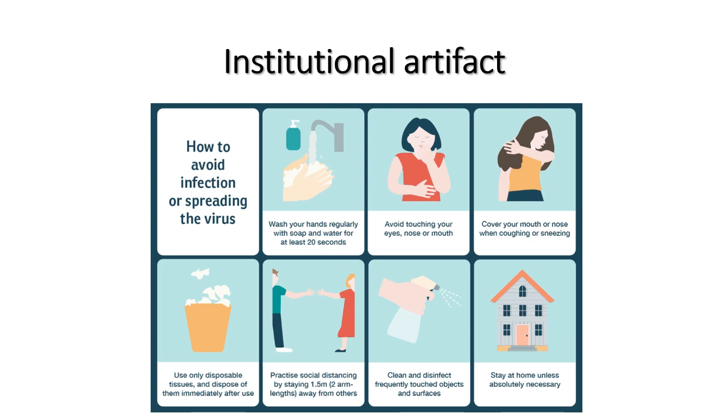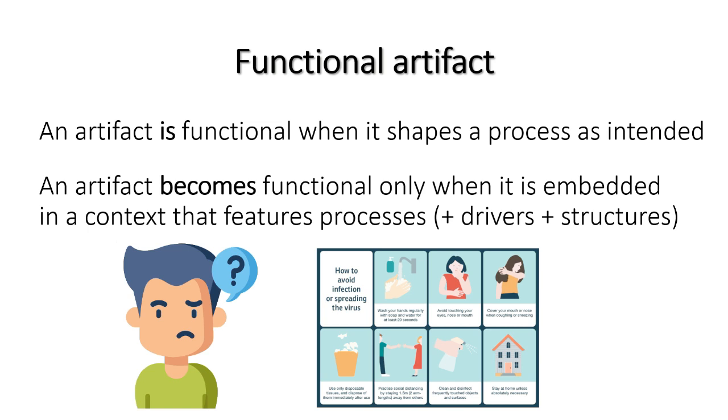But of course, also like the bridge, it assumes that there is a context that will make this institutional artifact function. If you don't speak English, if you cannot read, if you do not understand the icon language, then clearly this infographic will not function. It will not perform and shape the thought processes as it's intended.